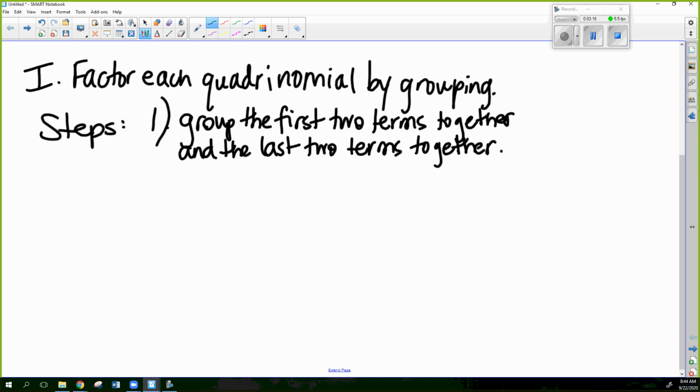All right? And what we're actually going to do when we do the problem is we're really just going to kind of break it in half. We're just going to split it down the middle, and that's our way of grouping. Okay, so we'll get to that in a second.